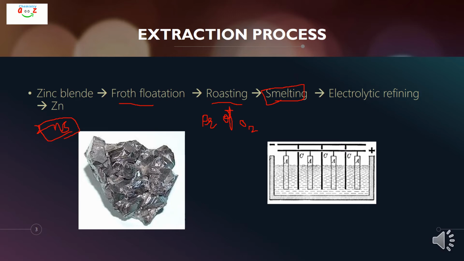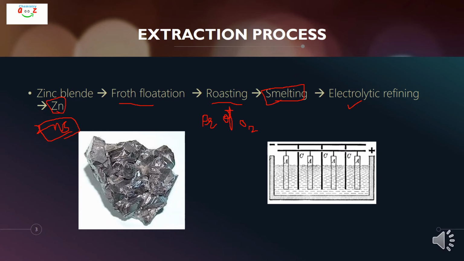The refining process is for getting the finally pure form of the metal. The slight impurities that remain after roasting and smelting can be purely refined, and an extremely pure level of metal will be obtained by electrolytic refining. And then finally we get zinc after electrolytic refining.